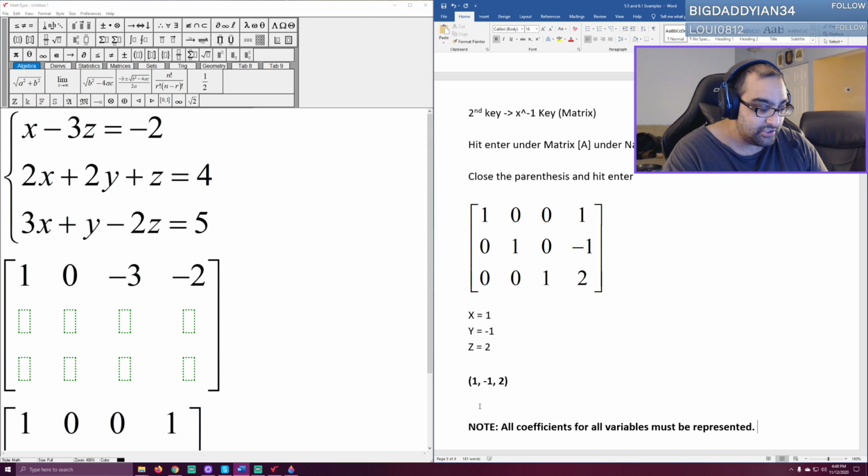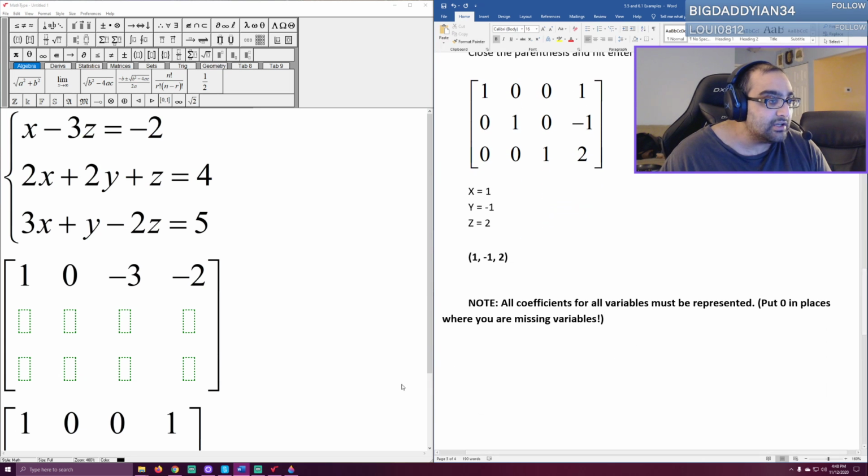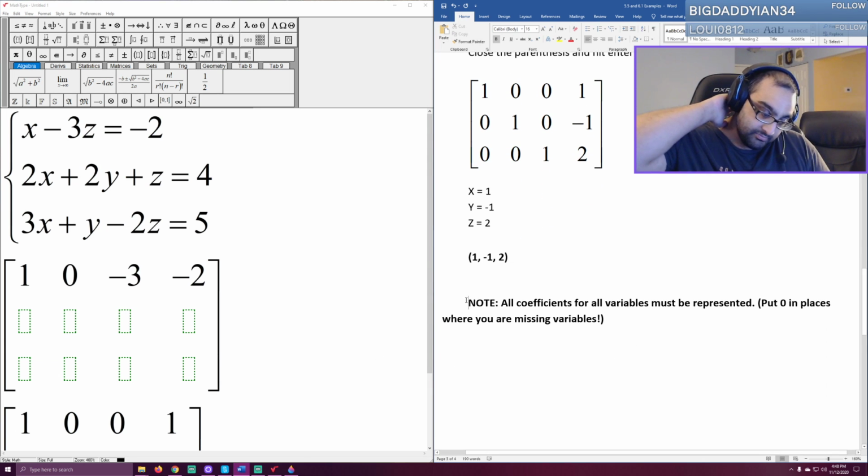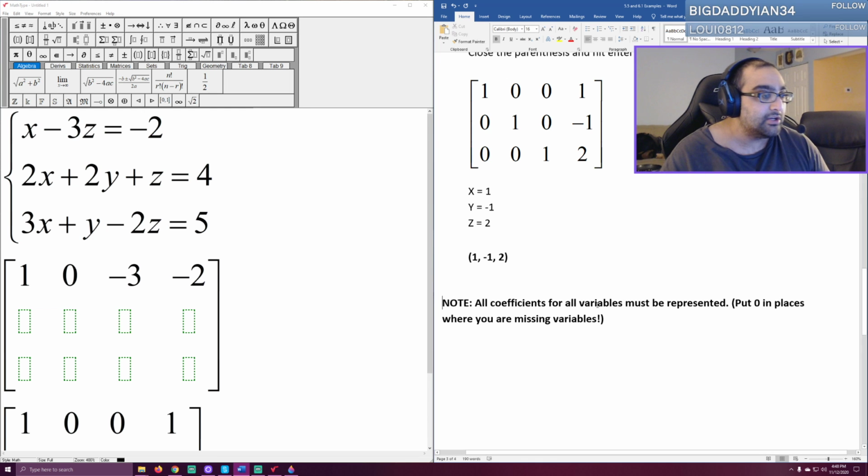What you're going to put here is 0 in places where you are missing variables. That's one of those things you should not forget when it comes to building your matrix. Make a note of that so you'll know to make that adjustment.